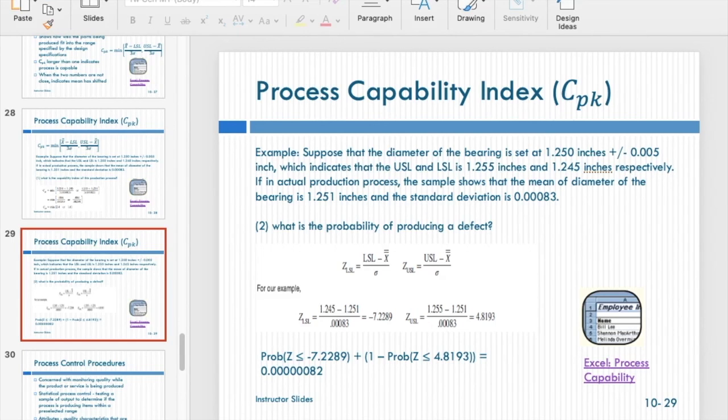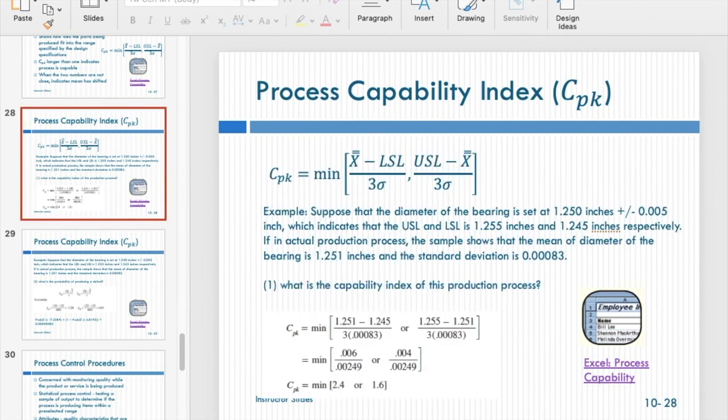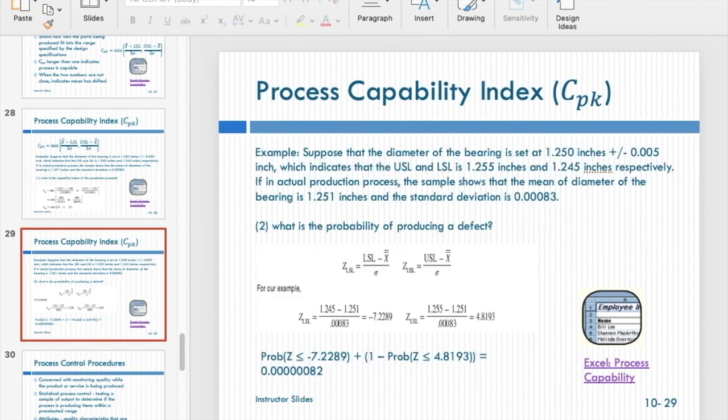So here, when you use this equation, be careful. These two equations are similar to the equation we used when we calculated the process capability index, but it's different. What is the difference? When you calculate the z value, no matter LSL or USL, you always use LSL minus x double bar or USL minus x double bar.